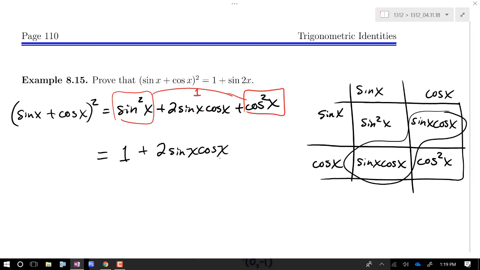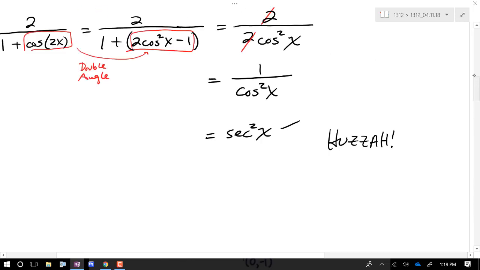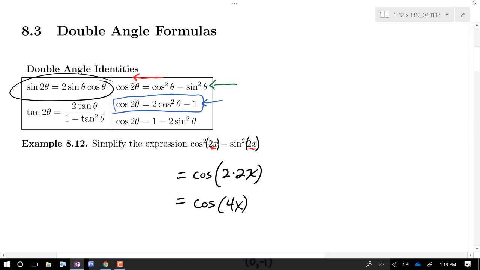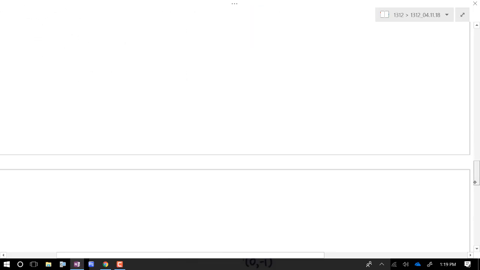Is that just sine 2x? Yeah, because 2 sine x cosine x equals sine 2x? Yeah, like that. So you're looking at the list of formulas, right? This double angle formula for sine. Yeah, that's exactly it. So we're pretty much done.